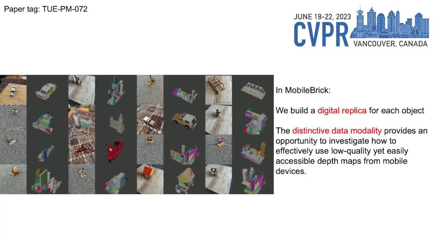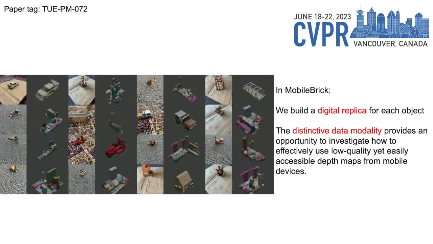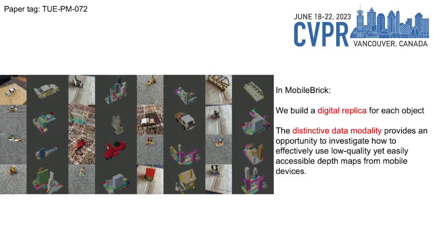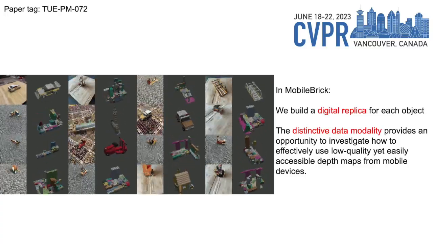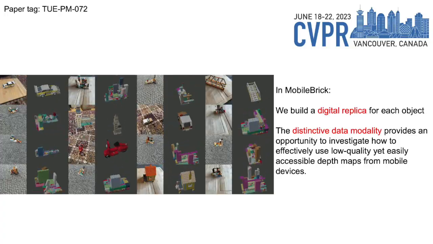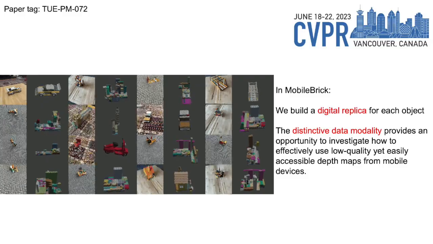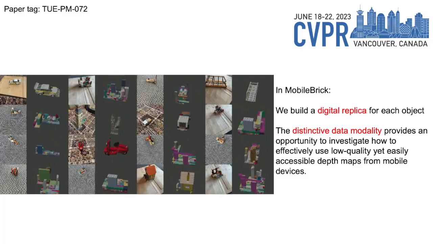The capture setup for MobileBrick closely resembles how most customers would utilize their smartphones to capture 3D models. This allows us to gather a distinctive dataset comprising high-resolution RGB images accompanied by low-resolution depth maps. This presents the opportunity to investigate how to effectively use low-quality yet easily accessible depth maps in 3D object reconstruction.